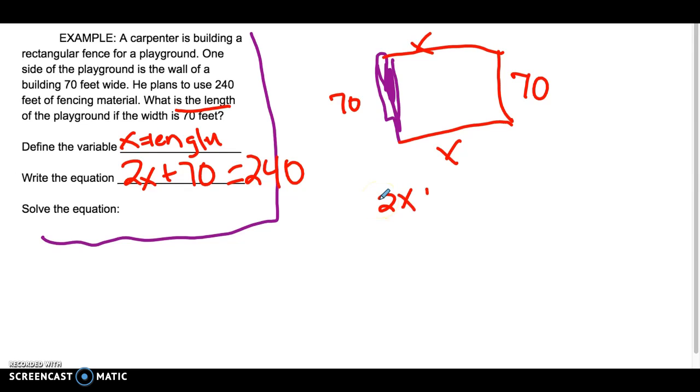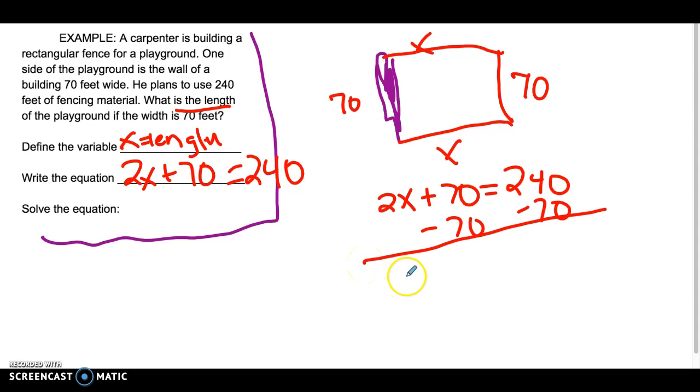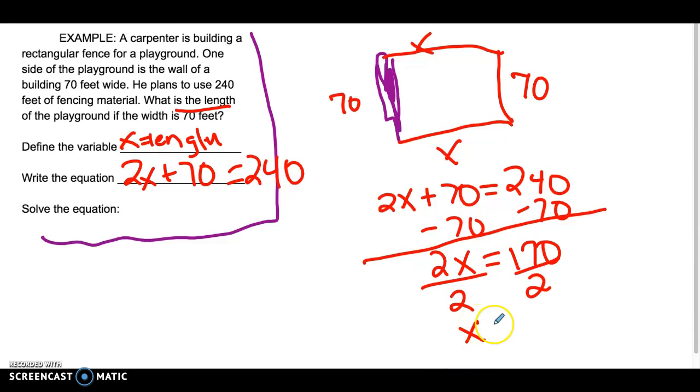So now let's solve the equation. 2x plus 70 equals 240. Subtract 70 from both sides. I have 2x equals 170. Divide both sides by 2. So x is going to equal 85. 85 feet.